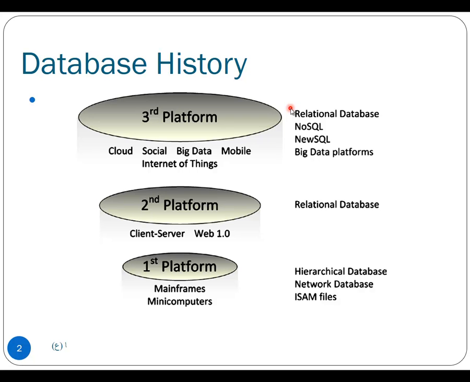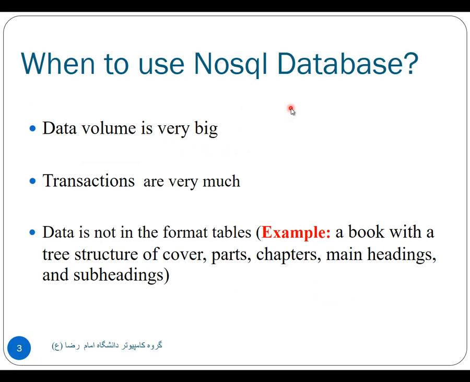And these are the databases that we have for the platforms that we have now. So NoSQL is a database that is used in the cloud, in the social networks, IoT, which have a lot of data. The size of the data is very big and the number of transactions are high.